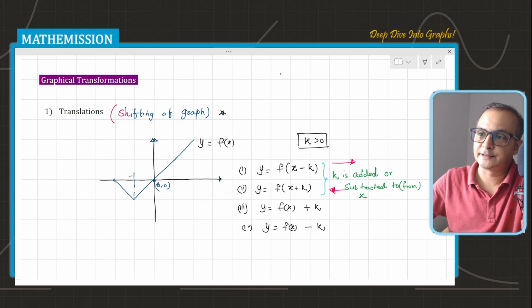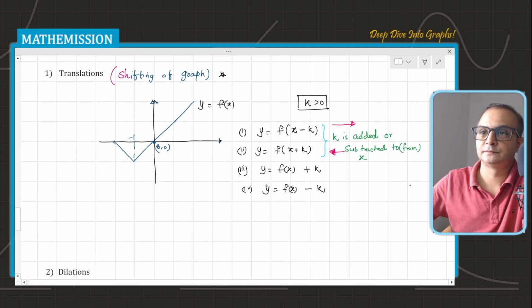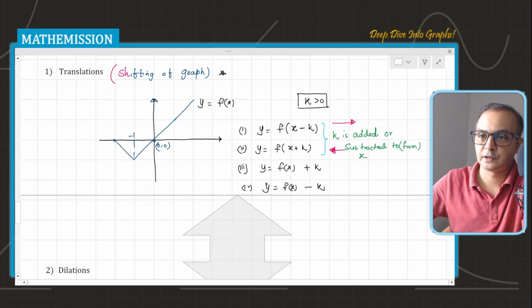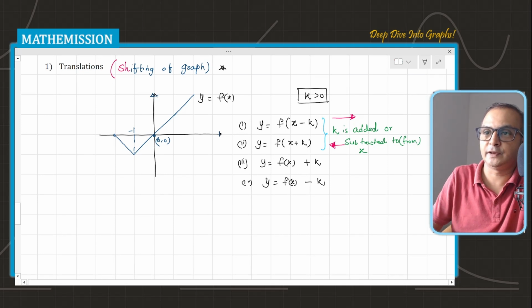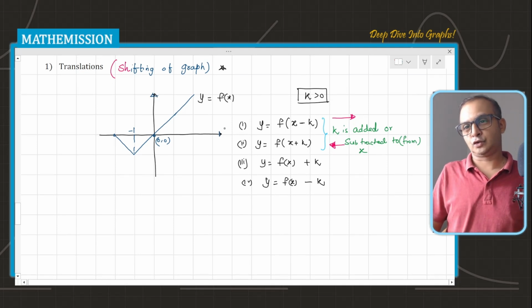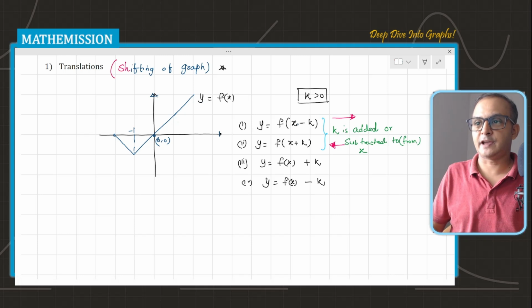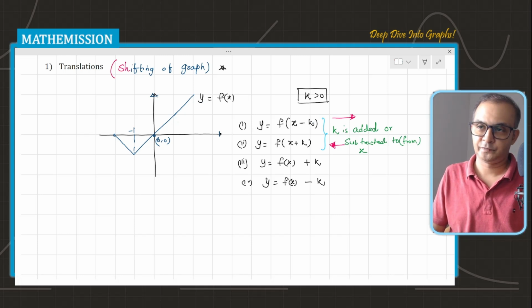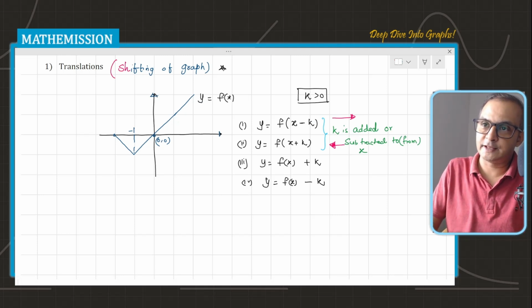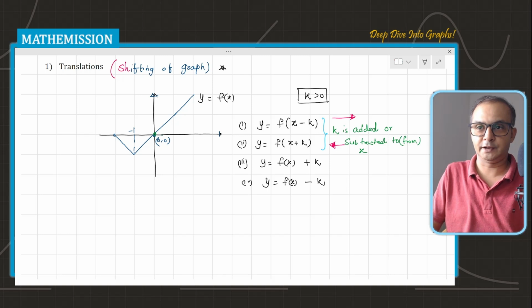The idea is this: suppose I have the function f of x given in this way, and I want to find a new function which is f of x minus k. Previously you can see what is happening: at 0 the value of the function is 0, by observing this graph.